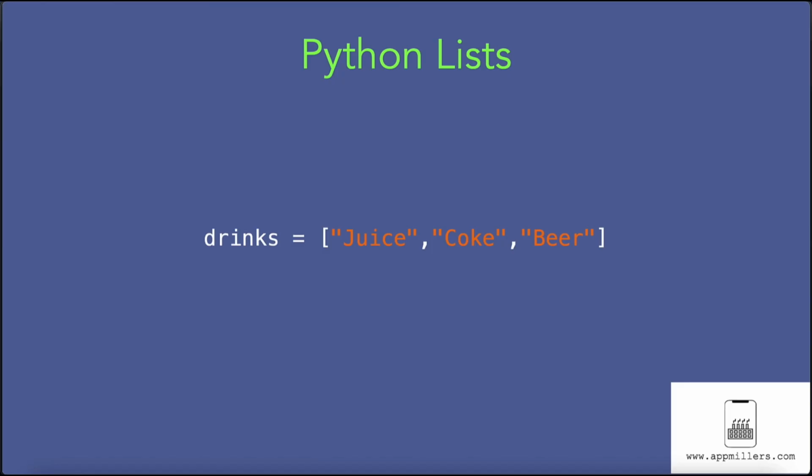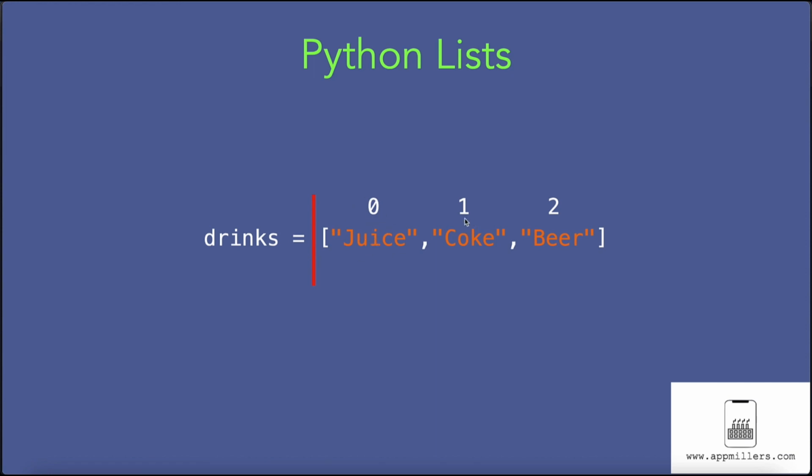And this idea might seem a little bit weird at first. Why is the first item located at index 0? But if you think of the index number, 0, 1, 2, not as a position but as an offset, or a shift from the start of the list, then in this case, Juice is right at the beginning of the list, so it has an offset of 0 from the beginning.